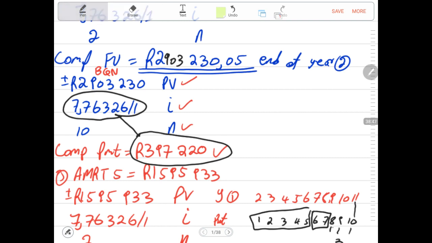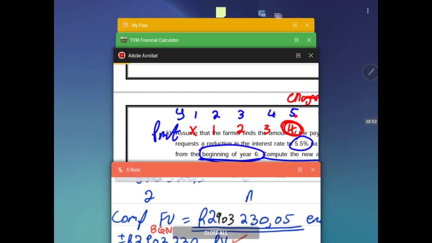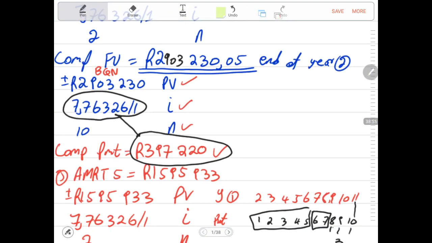Now, on that note, it means for us to determine a balance after the 4th payment, we need to use the amount function. And I said this to you, and I want to highlight it again. You only use the amount if you have PMT captured, you have interest captured, you have N captured.